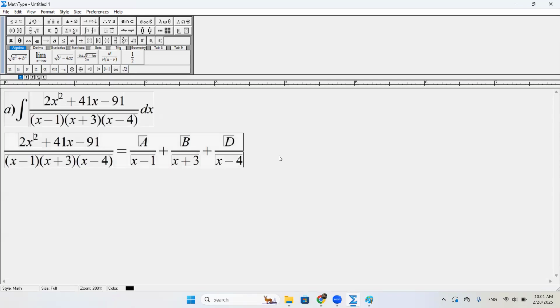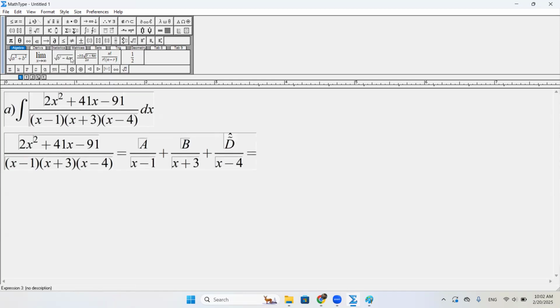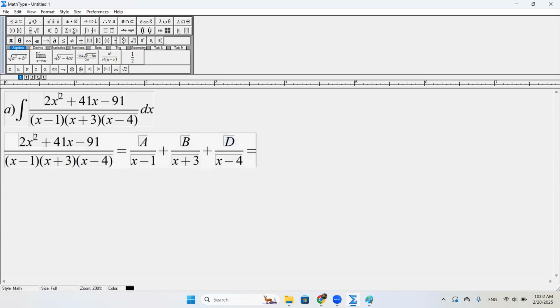In our examples I did it like that, but you are free to use the letter C. It is better to mark it with a wave, or maybe a hat and so on. But okay, let's leave D. So we actually have such simple fractions.